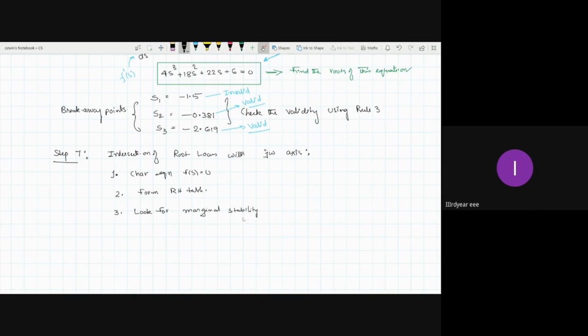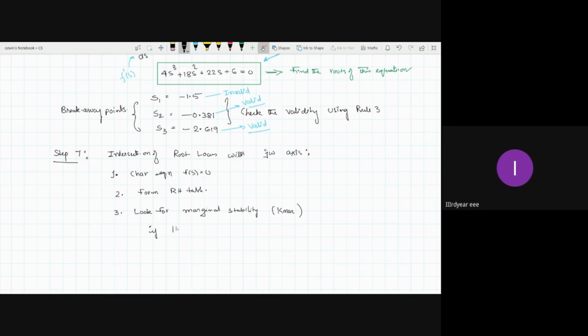Because at marginal stability, the roots of the characteristic equation will be purely imaginary in nature. So we need to look for K marginal.